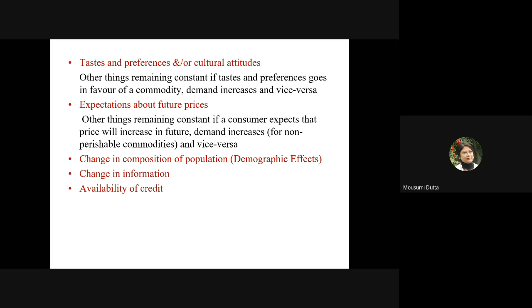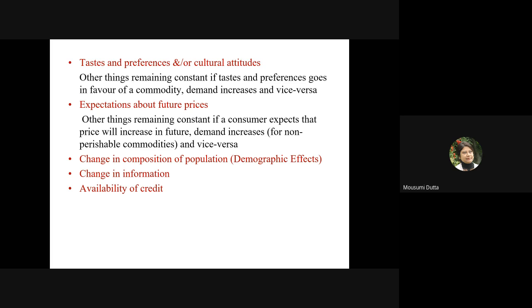Change in information. This is very important. If you have more information, nowadays, whenever we get a term, we Google it and try to get some information. Under many circumstances, this will change my demand pattern. If I Google certain things and understand the good and bad of consuming these commodities, naturally there will be changes in my demand pattern.